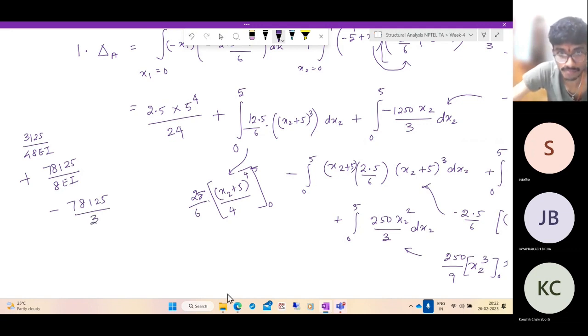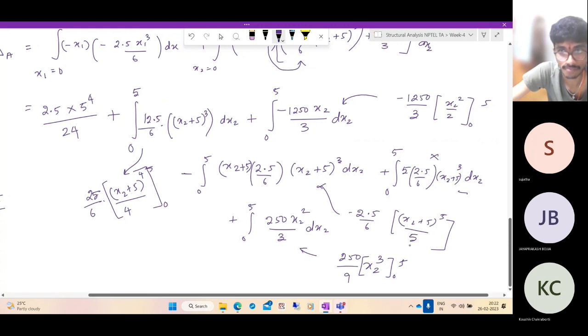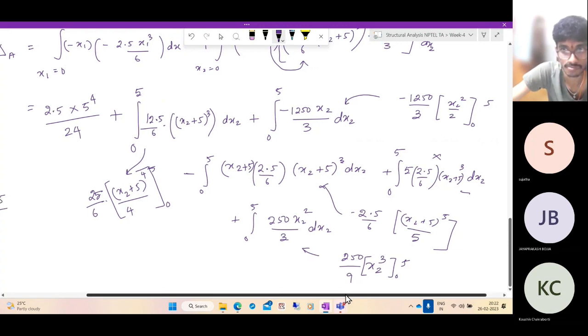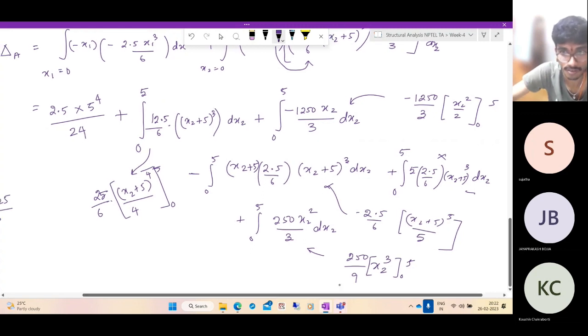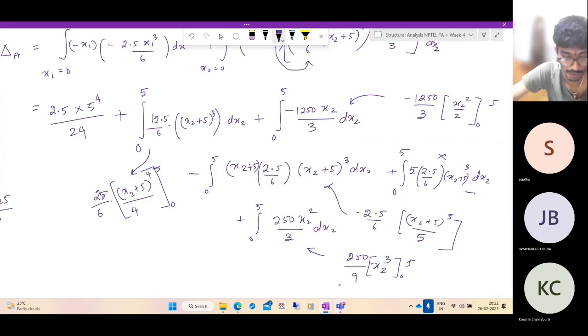And look at this term, the fourth term. There you have x power 5. So you have minus, you get 10 power 5 minus 5 power 5 divided by 5 into 2.5 by 6.